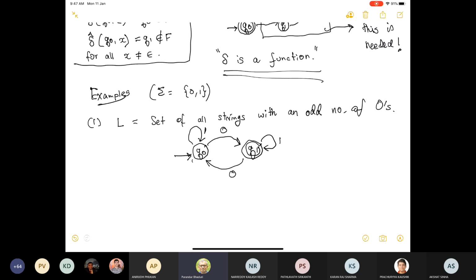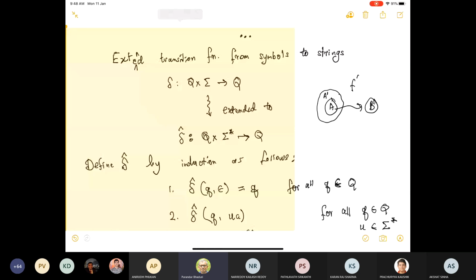All these proofs that we are going to do will depend on induction. In fact, delta hat was defined by induction, and all proofs rely on the inductive definition of delta hat, usually induction on the length of the string. Okay. Any questions about this example?